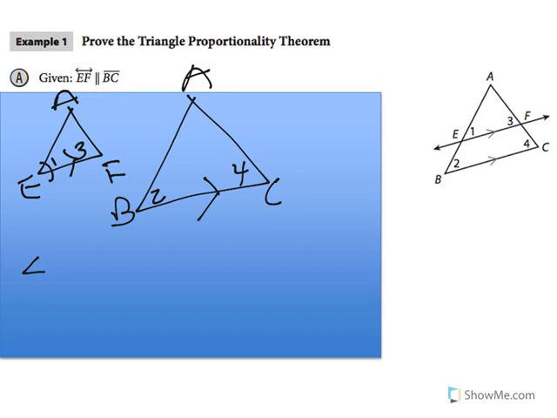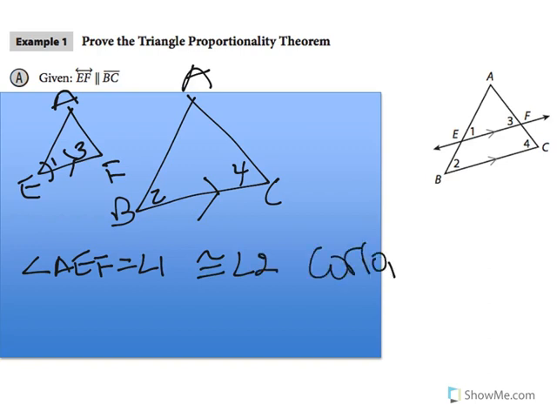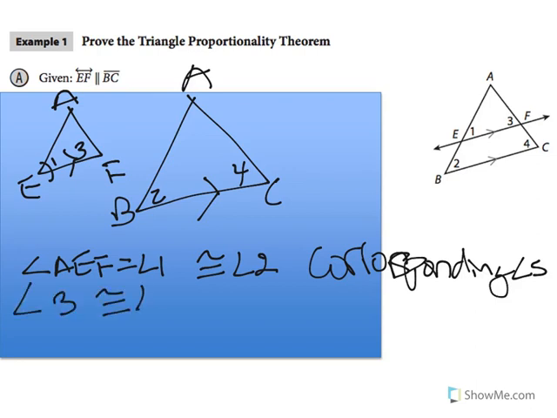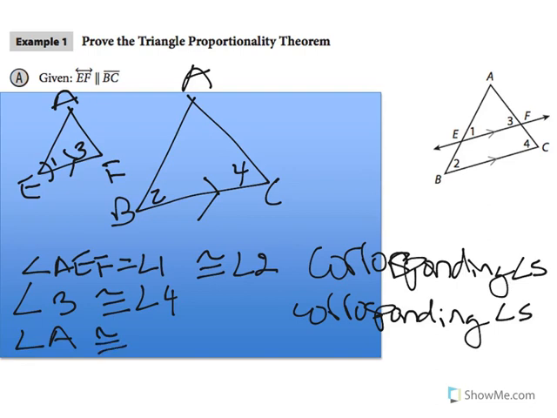So we can say that angle AEF, or angle 1, is congruent to angle 2 because of corresponding angles, and angle 3 is congruent to angle 4, same thing, corresponding angles, and angle A is congruent to angle A, and this is reflexive.